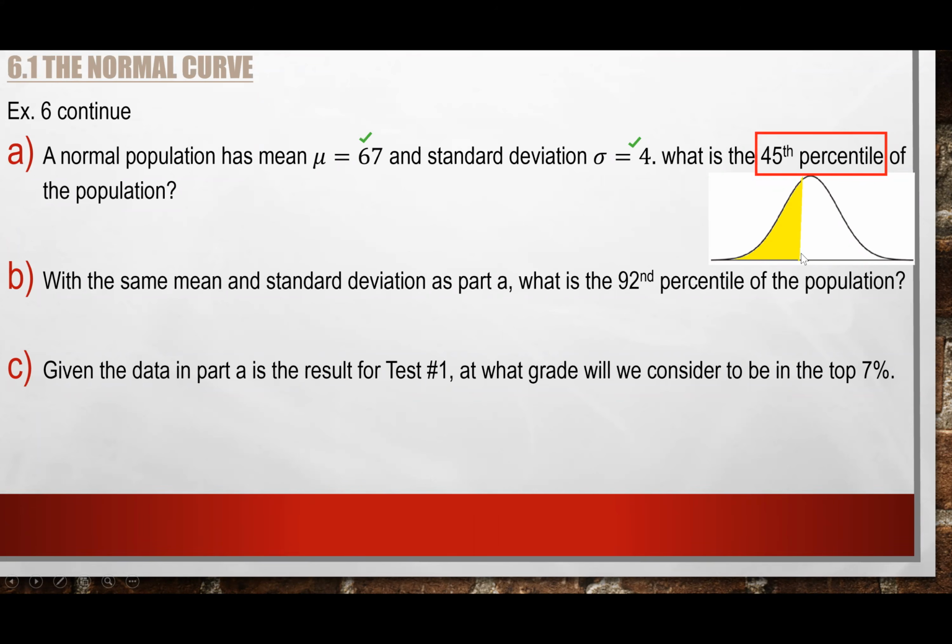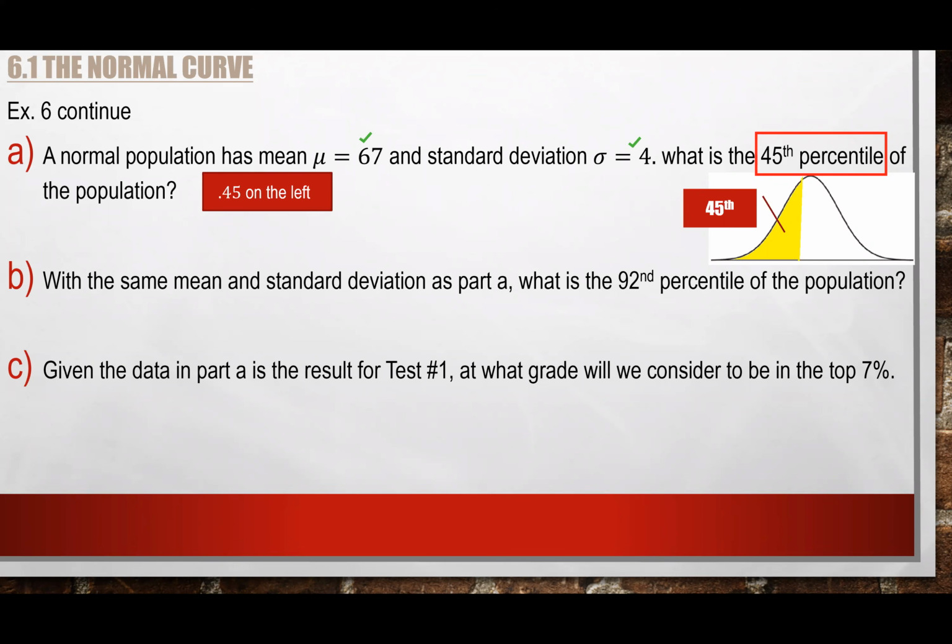The word percentile is basically the same idea: the 45th percentile is the 45% to the left of the data. In this case, it is 0.45 to the left of your data.